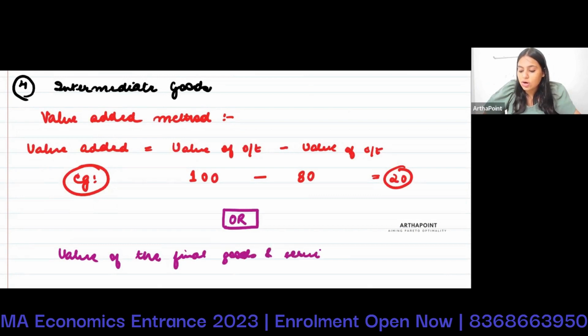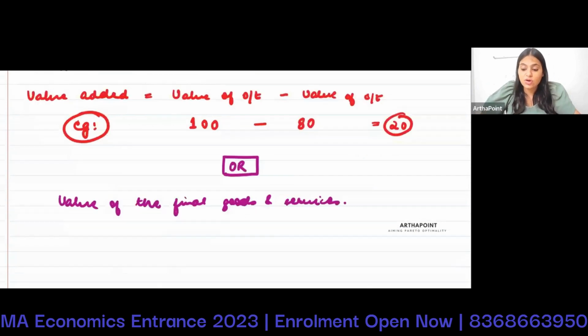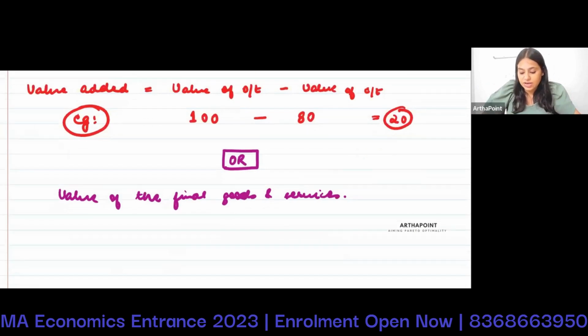I must not do both. I cannot say, okay, add the price of cotton, then thread, then cloth, etc. I can't do that. If you add the value of all intermediate goods, then it leads to the problem of double accounting.